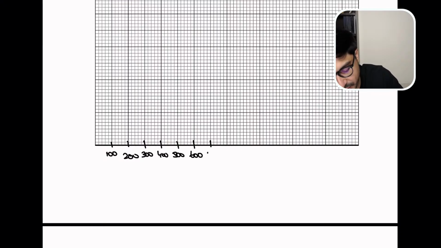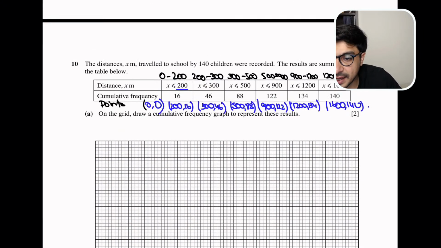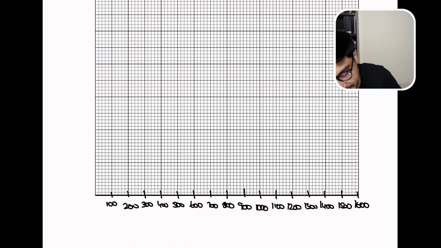Let's suppose we're starting off with a difference of 100, so 100, then 200, 300, 400, 500, 600, 700, 800, 900, 1000, 1100, 1200, 1300, 1400, 1500, and then 1600 as well, right.